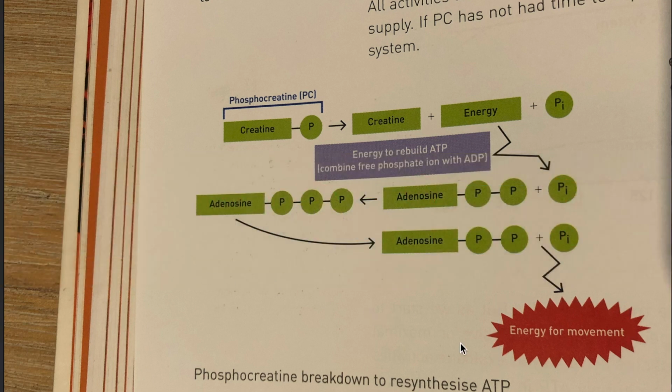What I would like to do for you is draw this, and then I want to hop on the exercise bike behind me and talk you through what is happening at the muscle site during my cycle. And remember, it has to be done at a high intensity in order for the ATP PC system to be the dominant system.